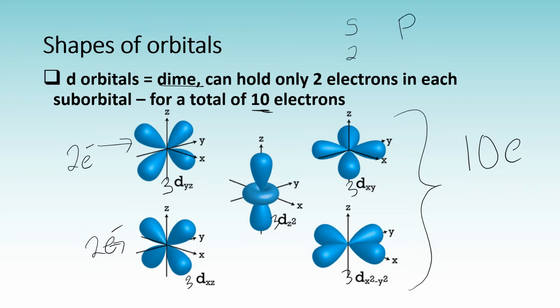We've got our p orbital, which has 3 what we call suborbitals that each hold 2 electrons, so that gives us 6 total. And now we have our d orbital, which has 5 suborbitals, which each hold 2 electrons, giving us 10. So that gives us a lot of electrons that we can place into our atom, and we're building from that nucleus out.